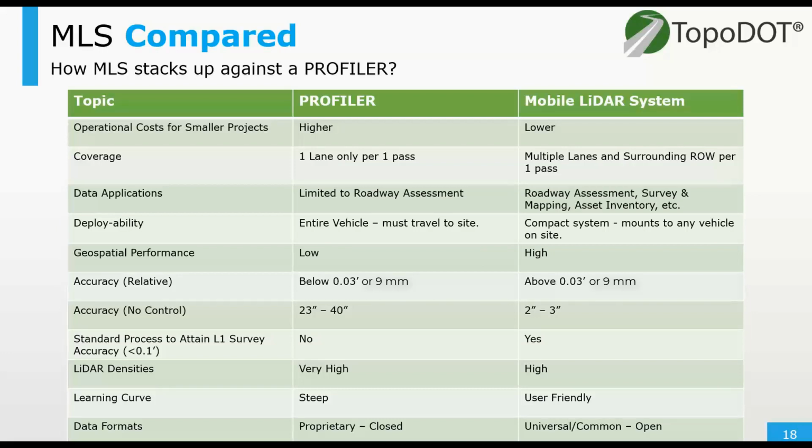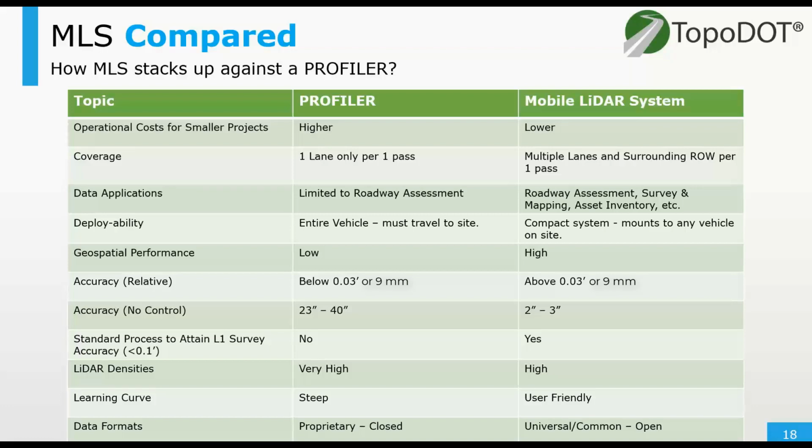With that said, let's do a quick summary comparison between mobile LiDAR and profilers. So usually the operational cost for smaller projects is a little bit higher for the profilers, where the mobile is going to be at a lower cost. As I mentioned earlier, for coverage, with the profilers you're limited to one lane per pass.